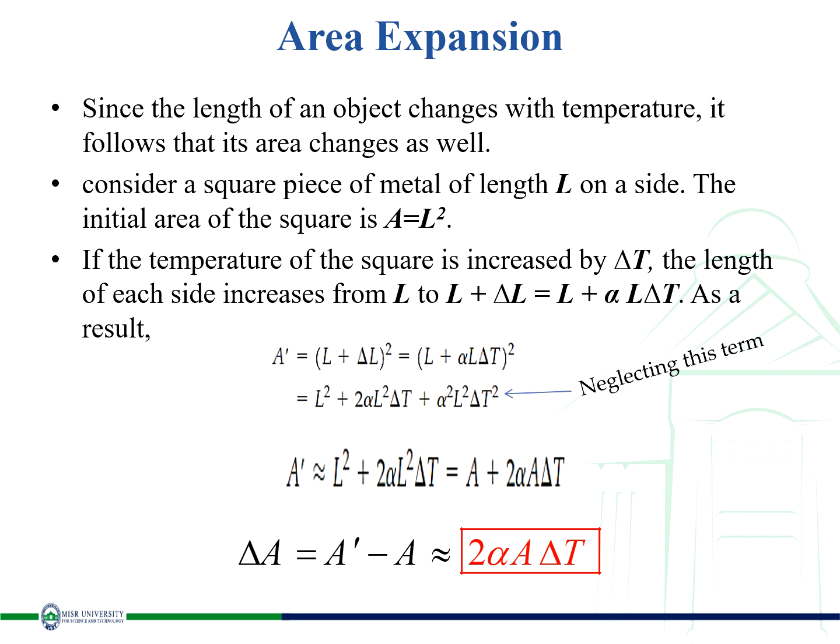This leaves us with A prime approximately equal to L squared plus 2 alpha L squared delta T. Since L squared is our initial area A, we can write A prime as A plus 2 alpha A delta T. Therefore, the change in area, delta A, which is A prime minus A, simplifies to approximately 2 alpha A delta T. This shows how area expansion relates directly to linear expansion.